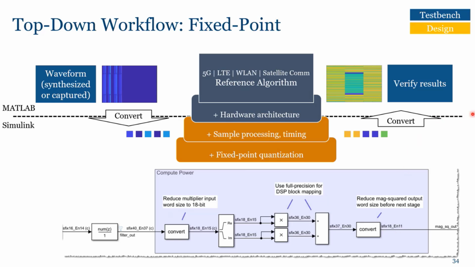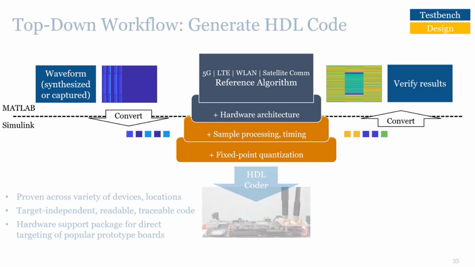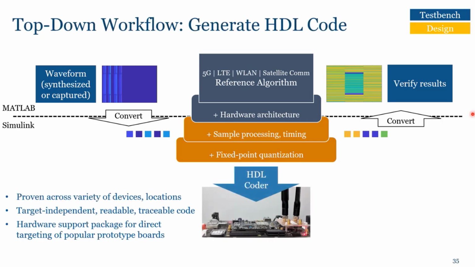Once we are happy and we validated our fixed-point representation of the model, we can go through the code generation. For generating code, we will use HDL Coder. It's the stepping stone of even the application-oriented toolboxes that we have.